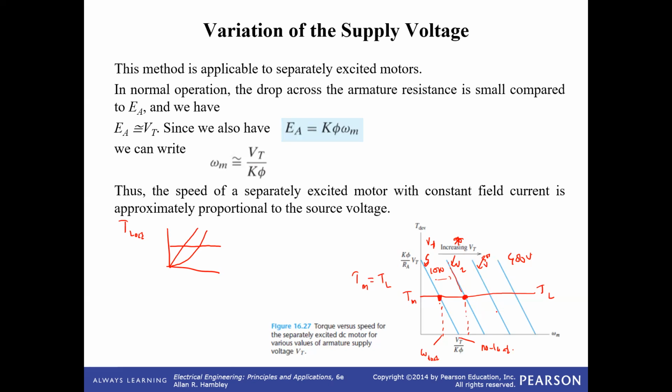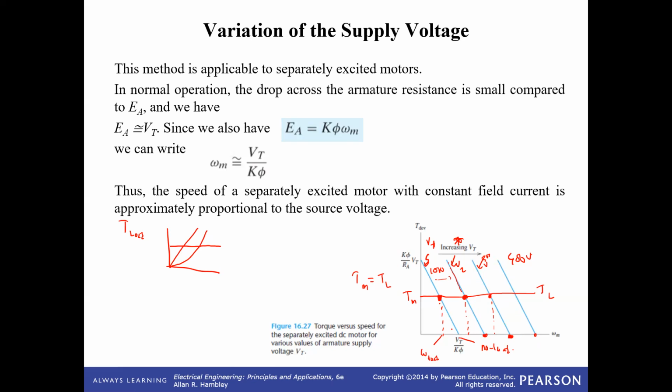If we want a higher speed, what you need to do is increase the voltage supply to 300 volt, and it will give you a new speed. Every characteristic has its own no load speed. If you choose 200 volt, the no load speed is this one, and if you choose 300 volt, the no load speed will be this one.